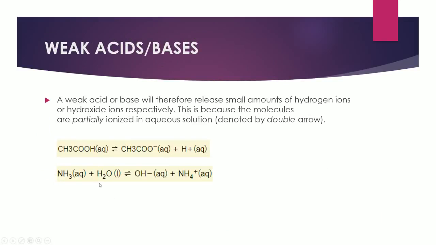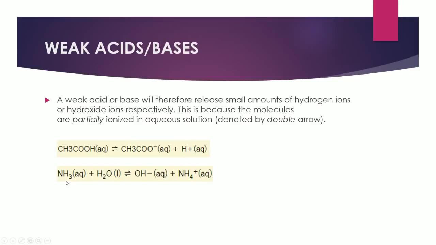Oppositely, a weak acid or base will release a small amount of hydrogen ions or hydroxide ions respectively. This is because molecules are only partially ionized in aqueous solution, and we show that with a double arrow. So ethanoic acid, if you have 100, maybe only 2 or 3 of those molecules will break down to form the ions, and therefore you don't have a high concentration of hydrogen ions in solution.